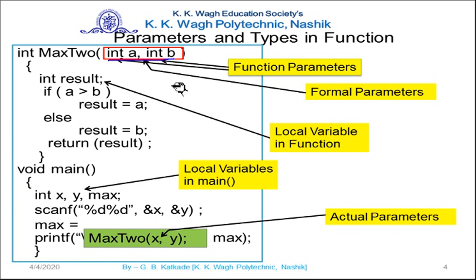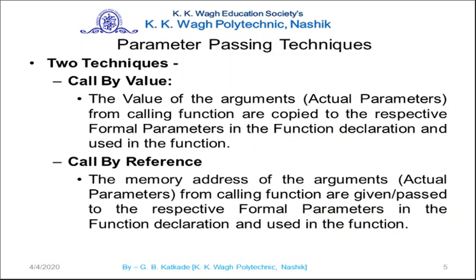In other words, all parameters given in the function declaration are also local variables for the function and can be used within it. Our focus is on the type of the parameters and how the functions use them.